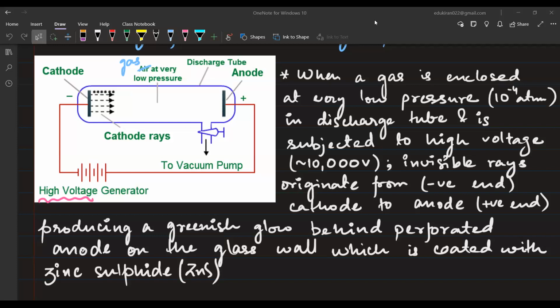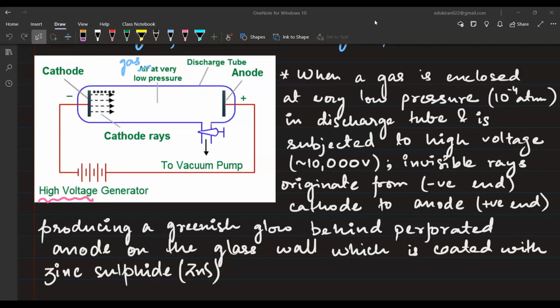Just make a rough drawing, or leave space so that you can draw later. It's a simple diagram. You just need to make two rectangles, one for the discharge tube and one for the circuit, and then we have some lines only.